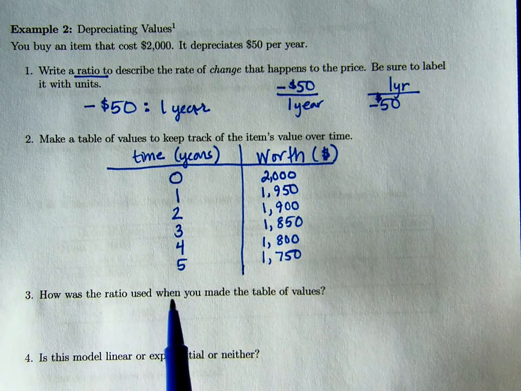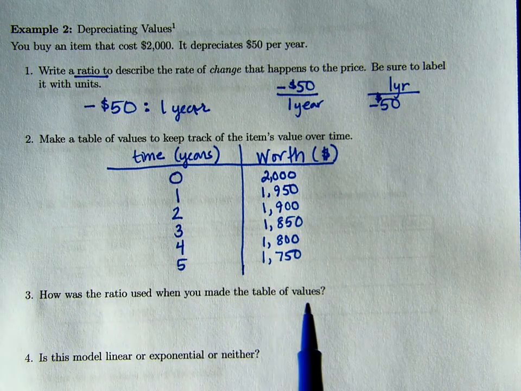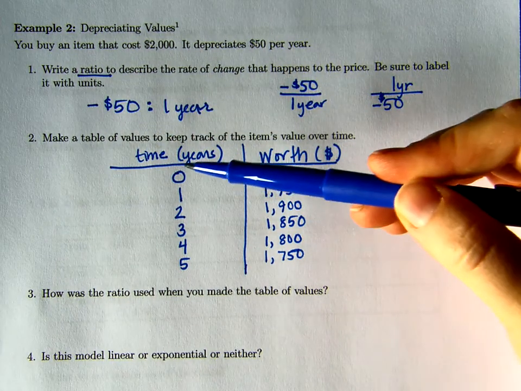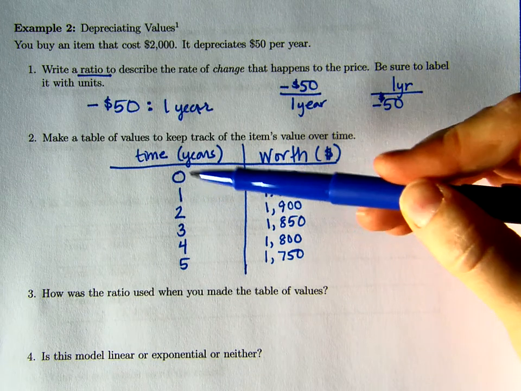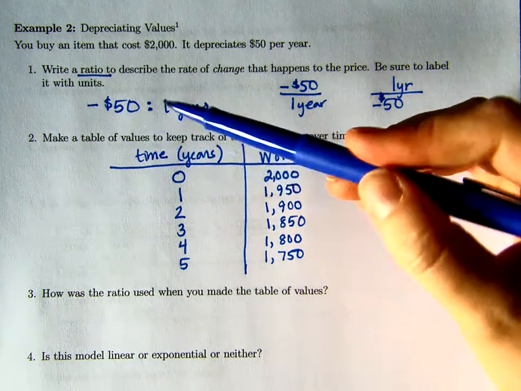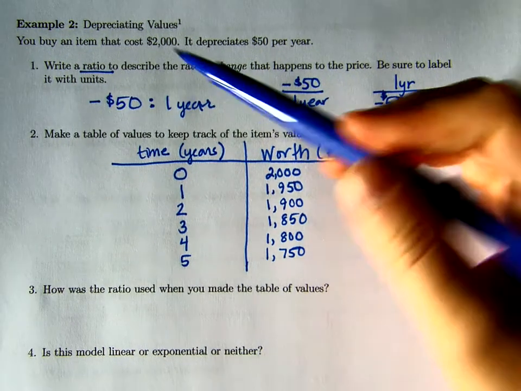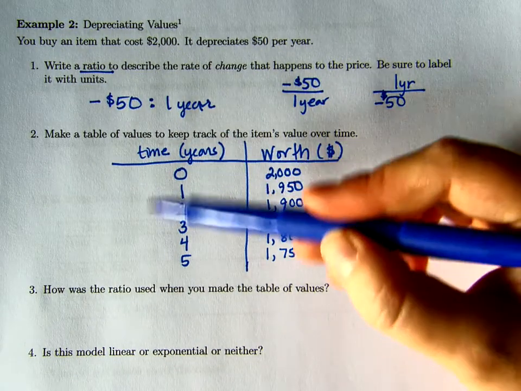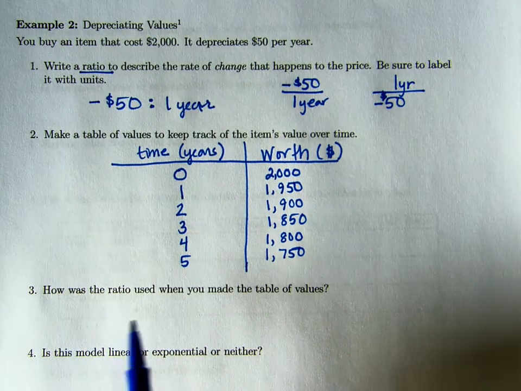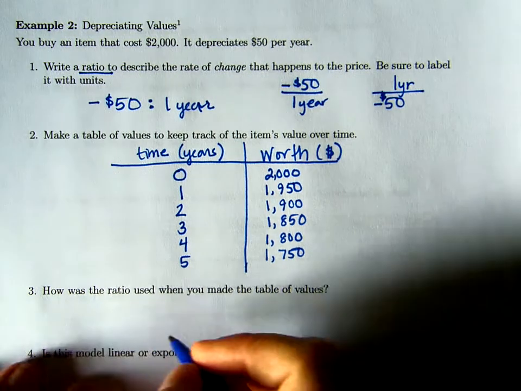How was the ratio used when you made the table of values? Well, it told me right off the bat how it's going down. I increased time by 1 year, and I decreased the worth by $50 each time. So the ratio actually told me how to change my time and how to change my worth.